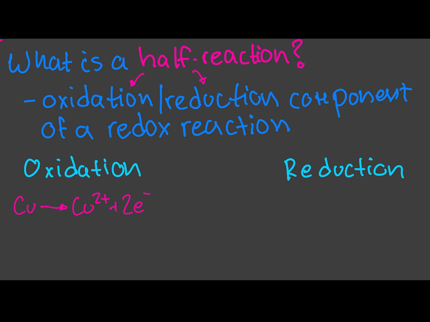A reduction reaction would be the opposite of that: Cu2+ plus 2e- goes to copper. These are two very essential ideas, and you will see how important they are as we work out the practice problems in a bit.